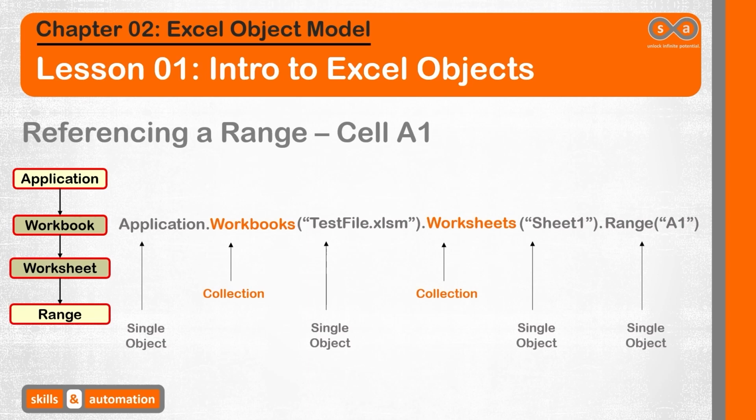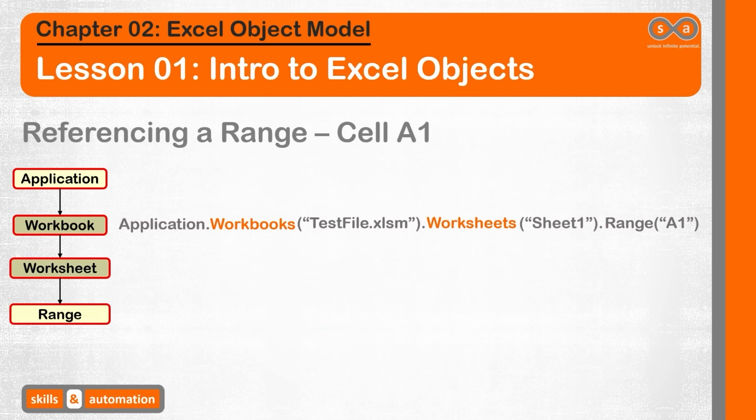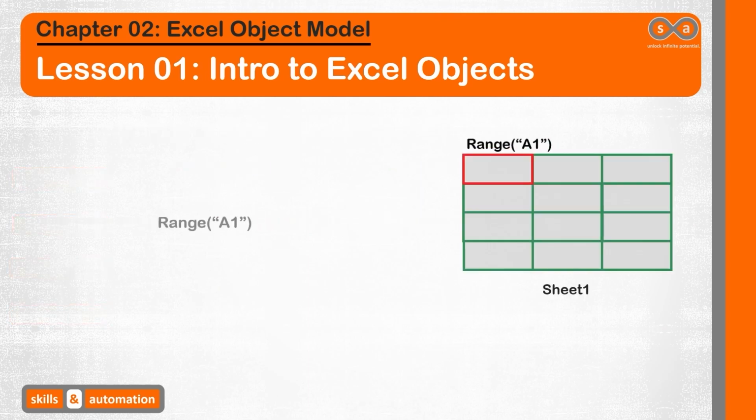And to move one level down in the hierarchy, we use the dot notation. Here, we have used the complete hierarchy to refer to the range. We have several ways to shorten this reference, which we will see in the upcoming lessons. In the right context, we could even refer to the cell directly, that is, by just saying range A1.